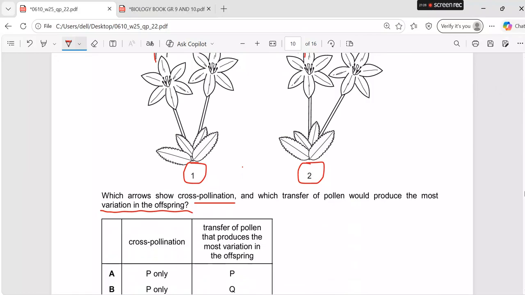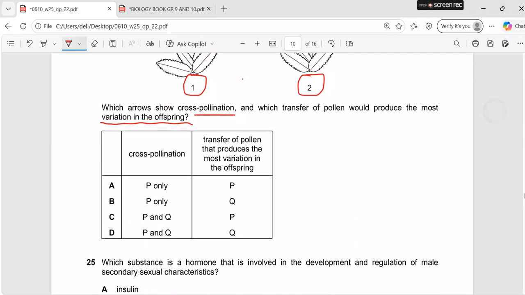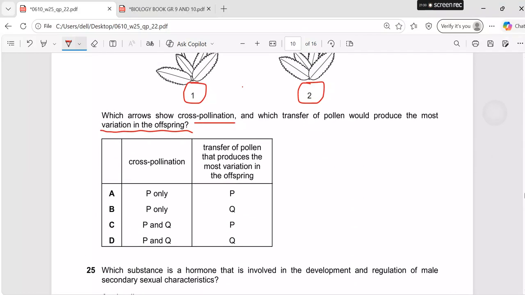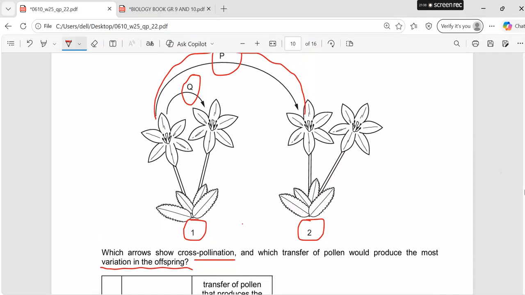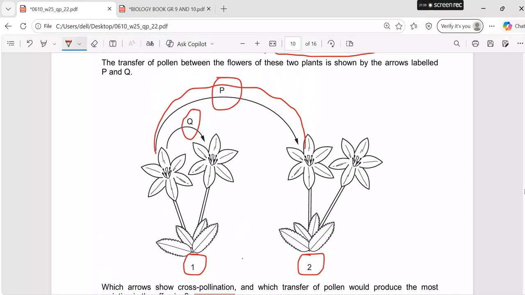Okay. Then what is the second question? Transfer of pollens that produces a lot of variation in the offsprings. If you look at Q, the pollens are going from this flower to this flower on the same plant. So the plant is the same, and the variation will not be expected so much.